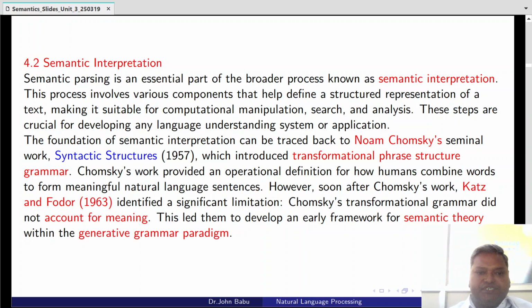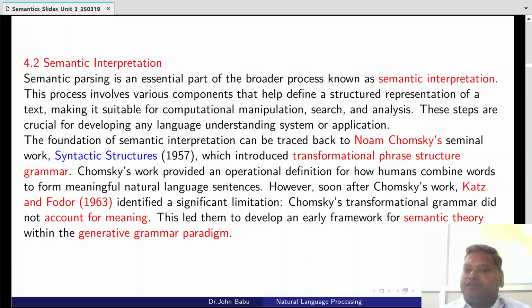Noam Chomsky is a fatherly figure in all these aspects because of his proposition of transformational phrase structure grammar. So he laid the foundation to understand how humans combine different words to understand the meaning.